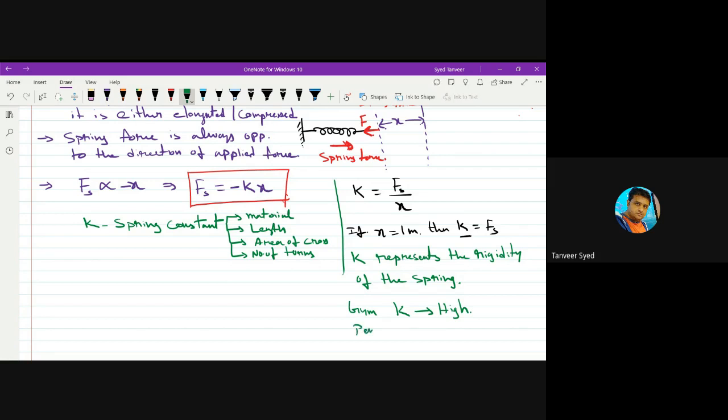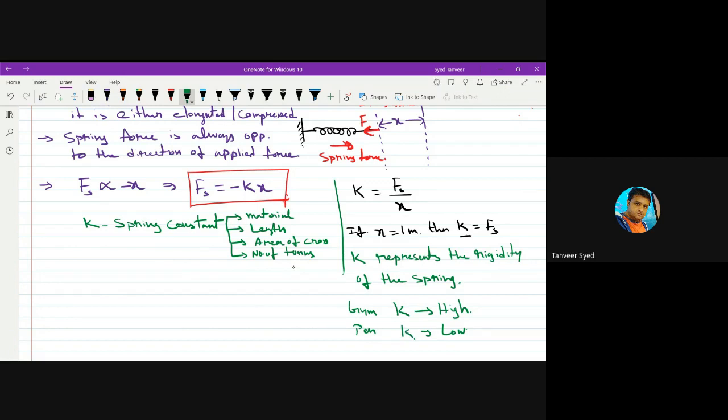And the spring that you find in your pen has a very low K value. This is what the K value indicates. The greater the value of K, the spring constant, the larger the force you need to apply to elongate or compress it. The smaller the value of K, the lesser the force you need to apply. That is what K represents.